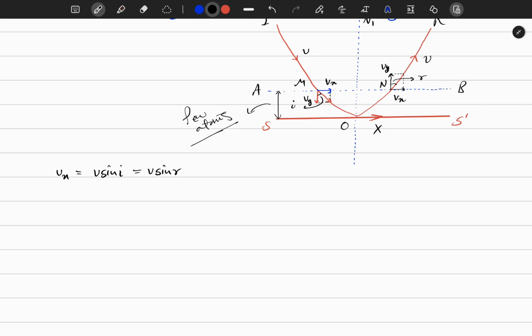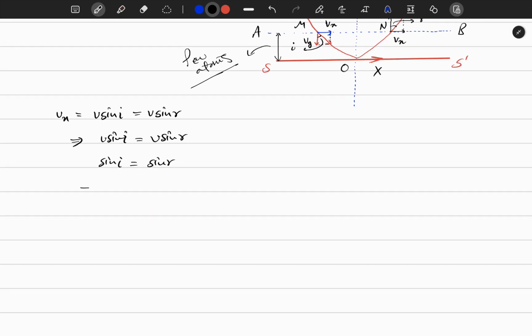So since V sine I is equal to V sine r, this implies sine I is equal to sine r, and this implies both angles are the same. So this is the first law of reflection, which is angle of incidence is equal to angle of reflection.